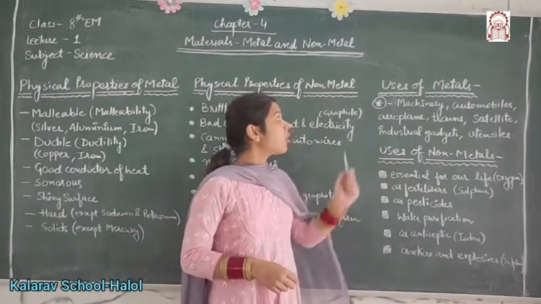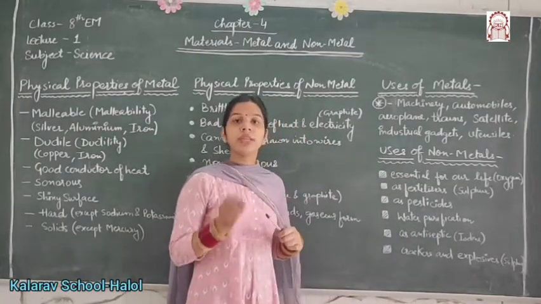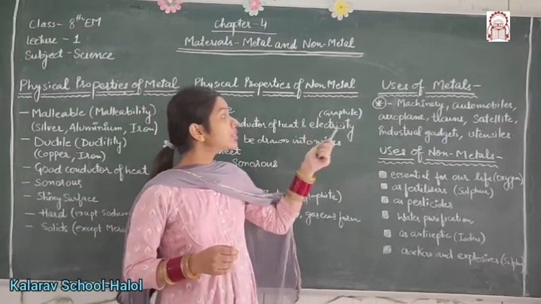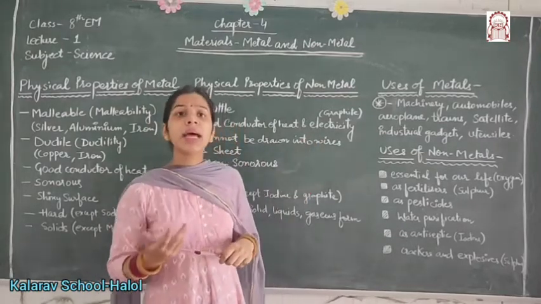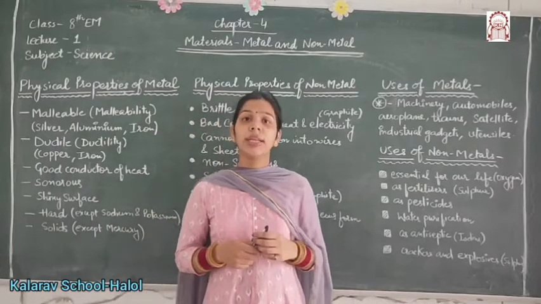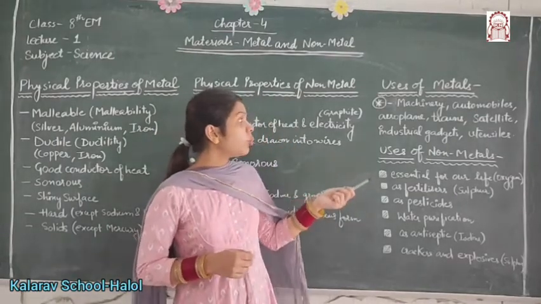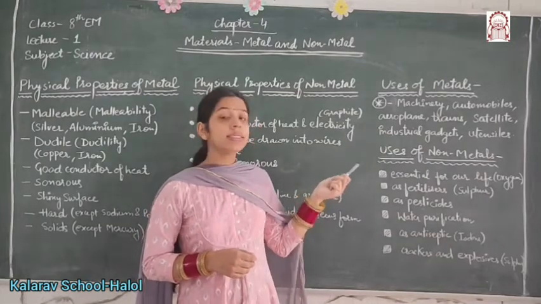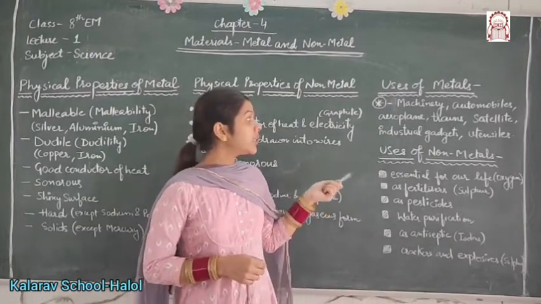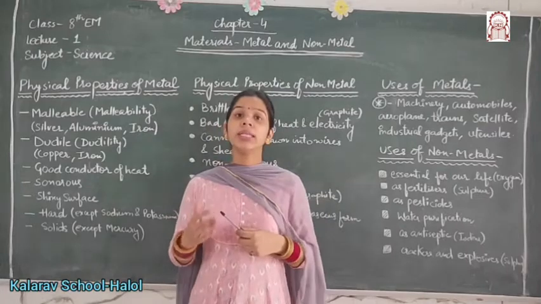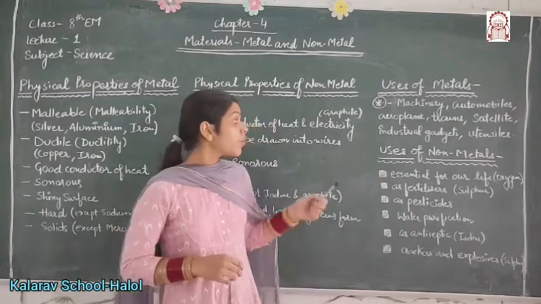Next is uses of metals and non-metals. Firstly, I will discuss about uses of metals. So metals have large number of uses in day-to-day life. They can be used in machineries, automobiles, aeroplanes, trains, satellites, industrial gadgets and many other cooking utensils.